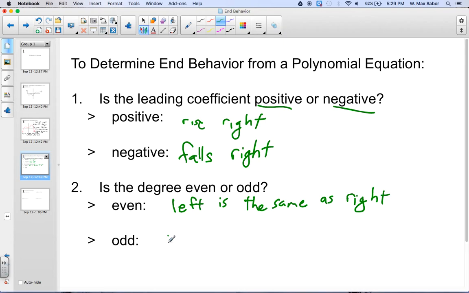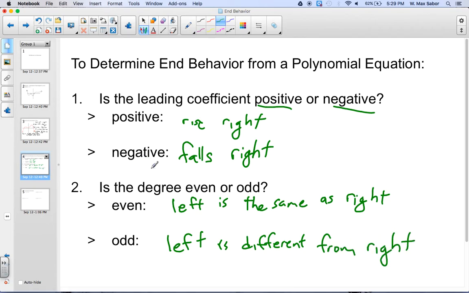Whereas if it's odd, left is different from the right. So if it's, say, a negative coefficient on an odd exponent, then we'll say it falls to the right, and because the left side will be different, it will be rising on the left.